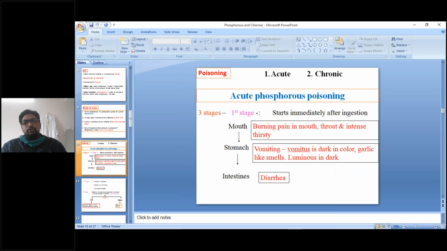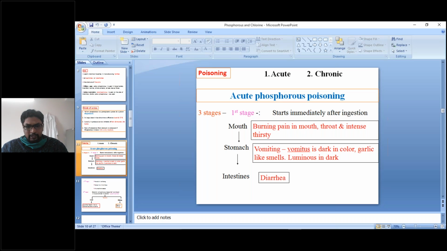Poisoning includes acute poisoning and chronic poisoning. Acute poisoning has three stages: stage 1, stage 2, and stage 3. Stage 1 starts immediately after ingestion, from the mouth to the stomach to the intestine, and causes different symptomatology.